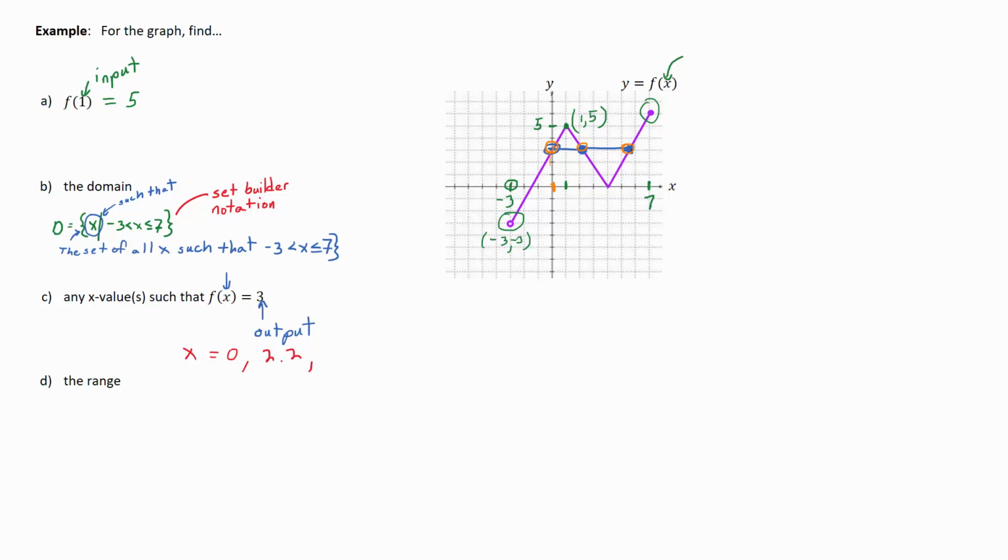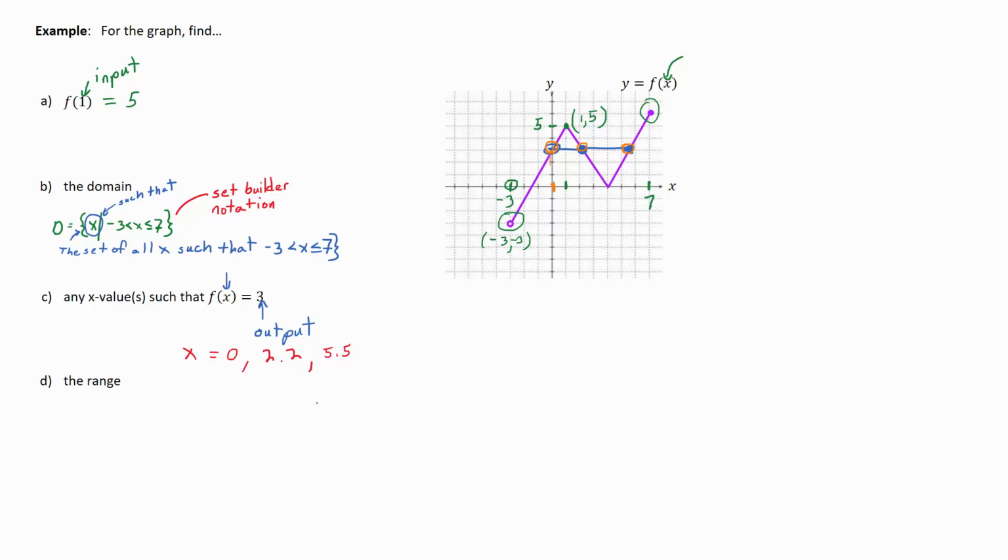And this one we'll have to guess as well. Maybe 1, 2, 3. We're going by ones here, by the way. 1, 2, 3, 4, 5. Maybe 5.5. As long as you're close, that answer will be acceptable. That's part C.